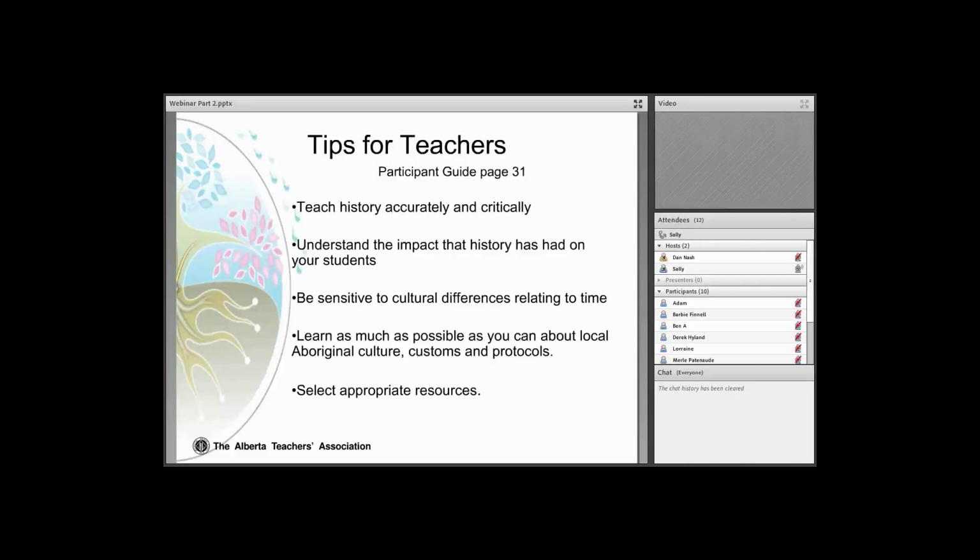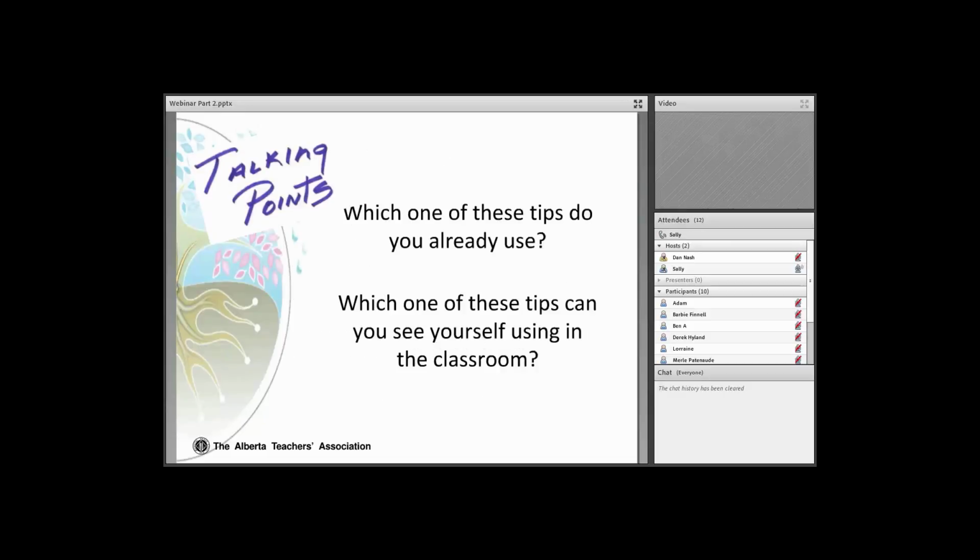There are some more tips and suggestions for teachers on page 37 in your participant guide if you want to browse through there. I'm going to start off our discussion with 2 questions. These are talking points, so like I said, I am encouraging you to be brave and use your microphone.